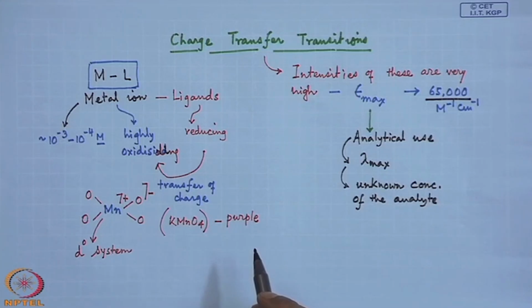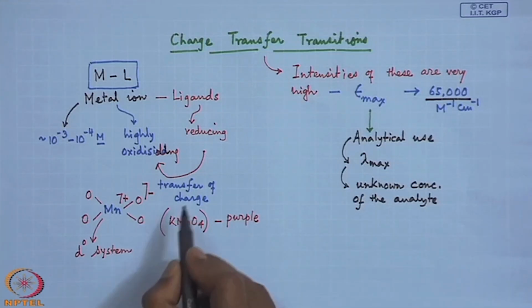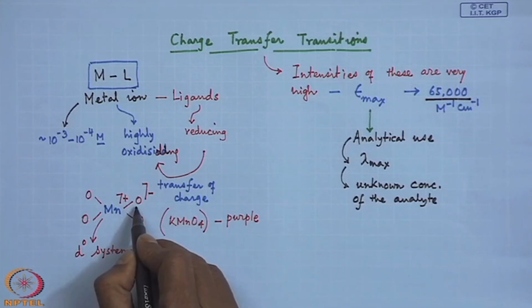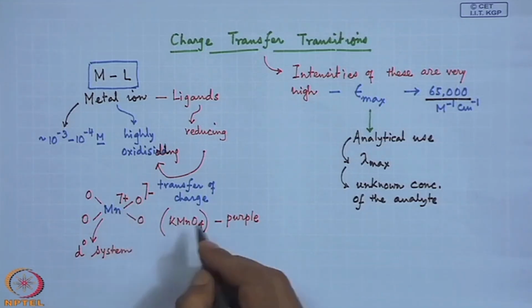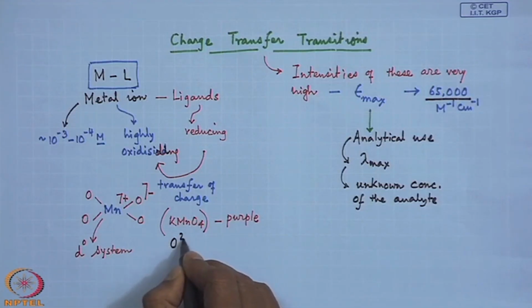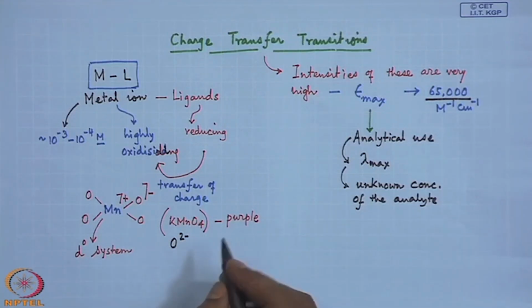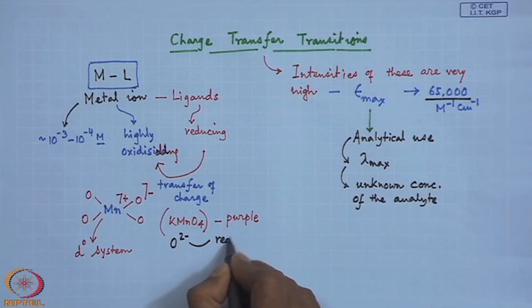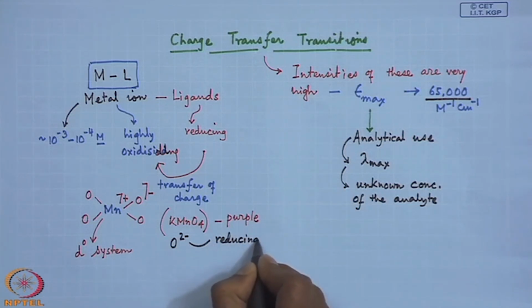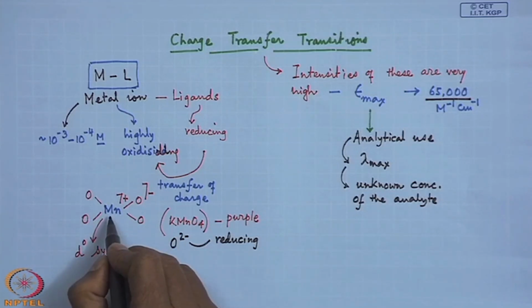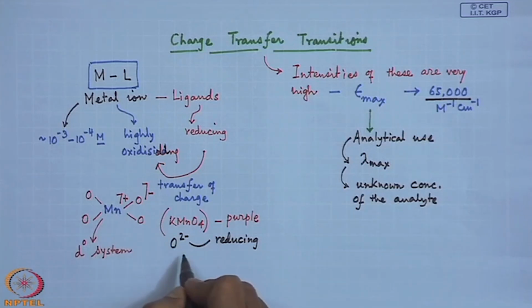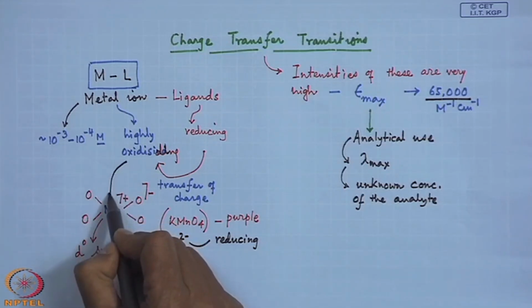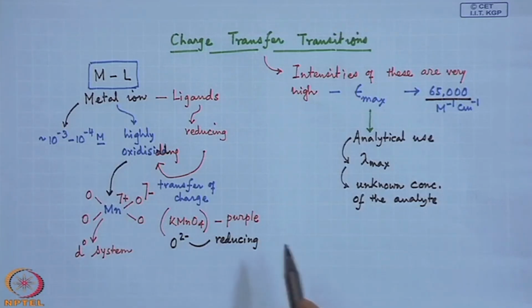This can be characterized in terms of the transfer of charge from the oxygen atoms, which behave as O2 minus, reducing in nature, to the manganese center in the heptavalent, 7 plus oxidation state, which is therefore highly oxidizing. As a result we get the charge transfer transition in the purple region.